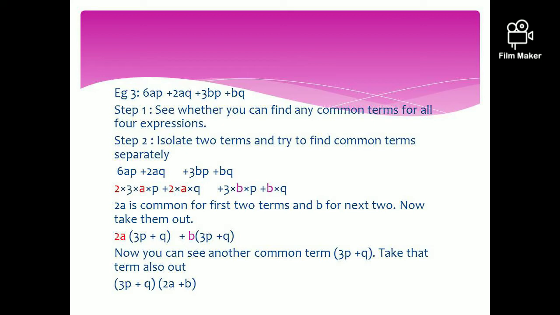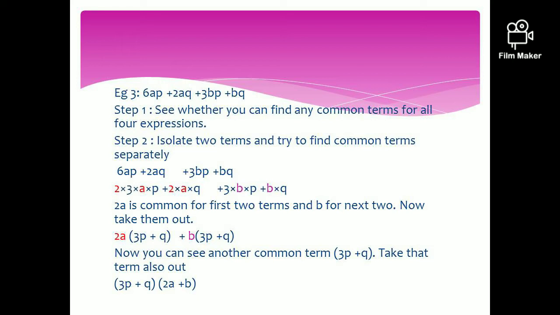If you look at the first 2 terms, you can understand that 2A is common, and from the second pair, B is common. If you take 2A out of the first 2 terms, it turns into 2A times 3P plus Q. Then if you take B out, it turns into B times 3P plus Q. Now 3P plus Q becomes common for these 2 expressions.